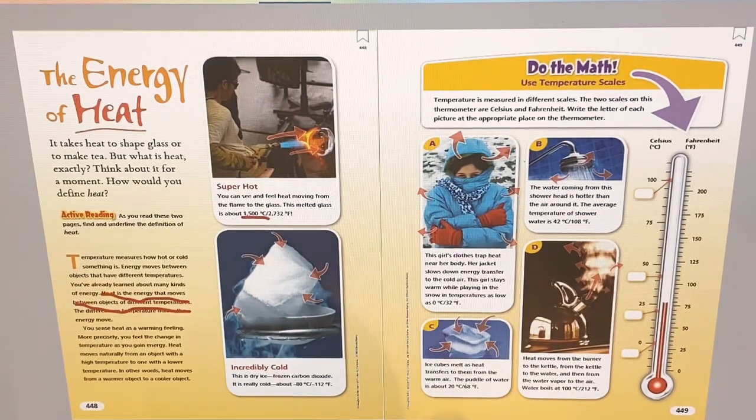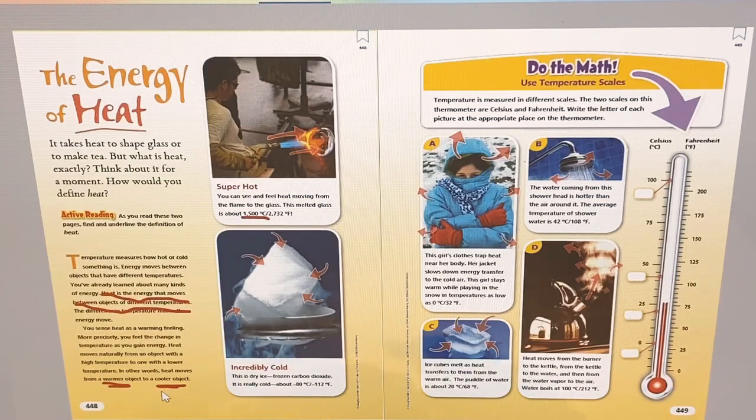Now, heat moves naturally from an object with a high temperature to one with a lower temperature. In other words, heat moves from a warmer object to a cooler object. This is the normal way, all right?